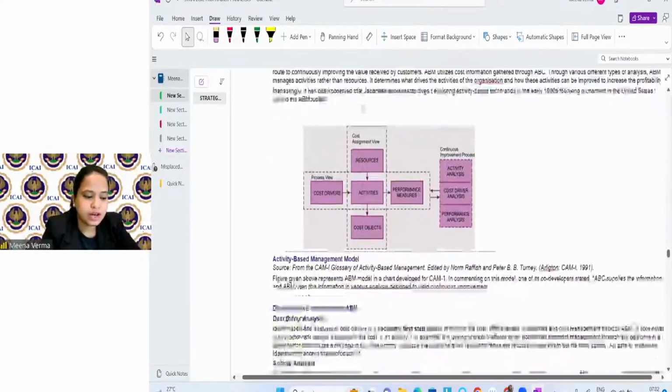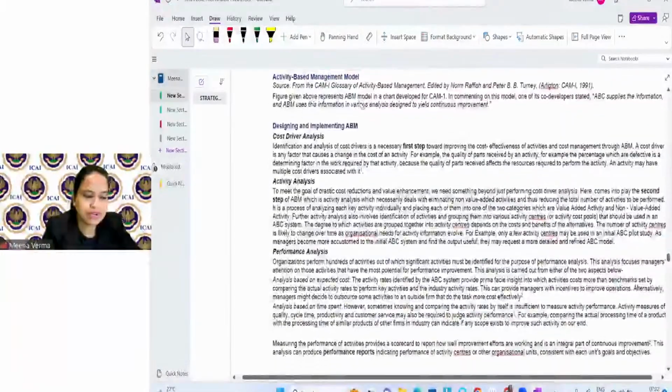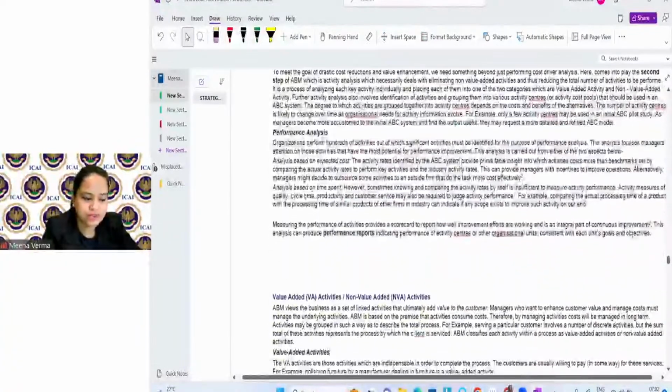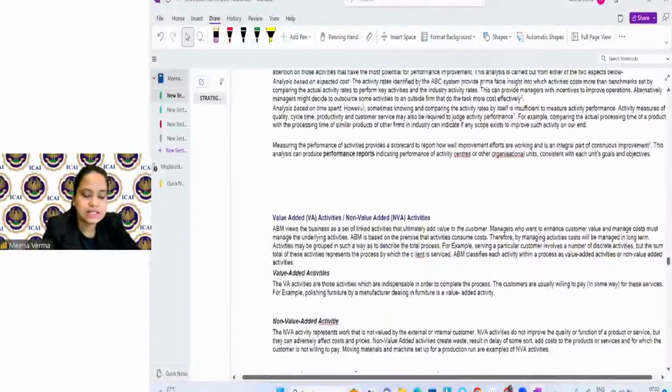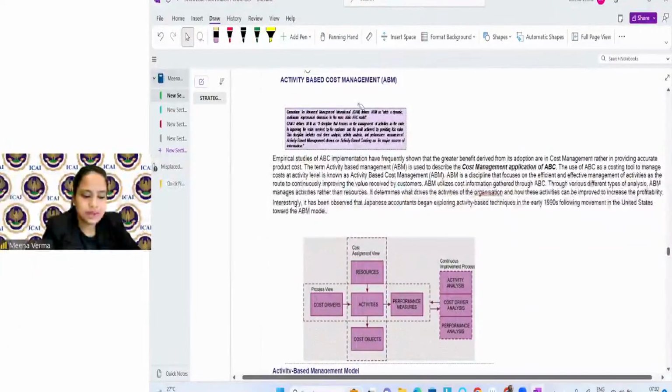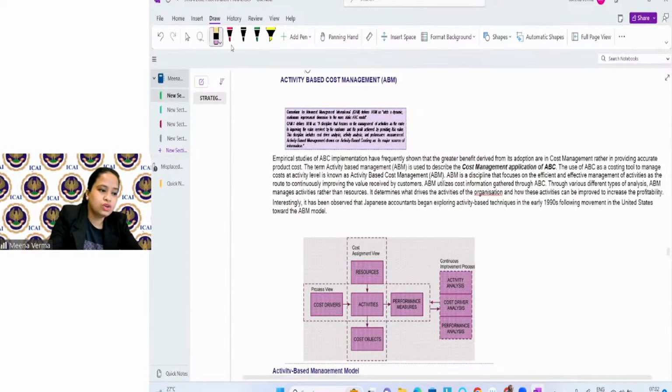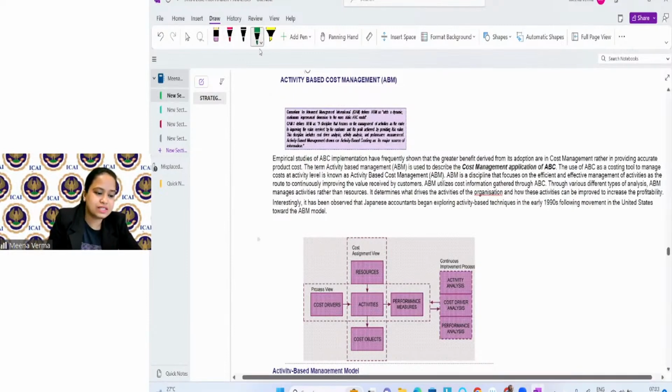All right. Now, in activity-based costing, we have the cost drivers, we consider the activities, and we consider the cost objects. Cost driver is nothing but the factors that are driving the cost.